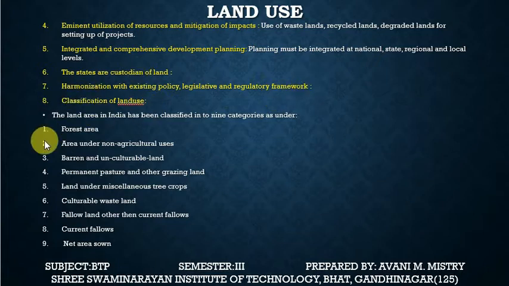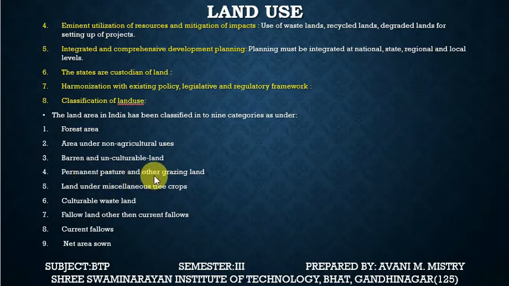Classification of the land use. The land area in India has been classified in the 9 categories as follows. First one is forest area, second one is area under non-agricultural uses, that means you cannot do farming there. Then barren and unculturable land, okay, here you cannot do any farming practices, you cannot grow any crop.